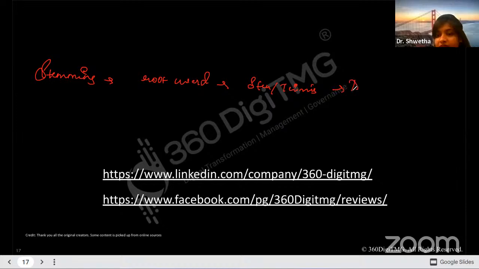For example, if the word is amazing, we can crop or stem this word to amaze to get only the root word. But the drawback of stemming is that it just directly trims the data, which is difficult.